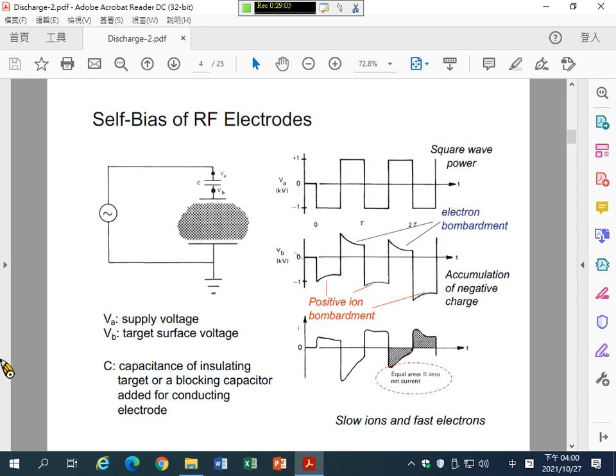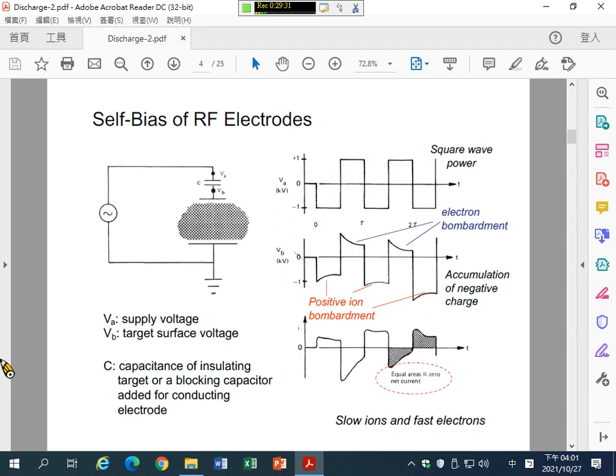Okay. So here is the complete circuit. Here is the plasma, and here is the blocking capacitor. So in the circuit, there is a capacitive component and there is a resistive component, and they are on the right side.